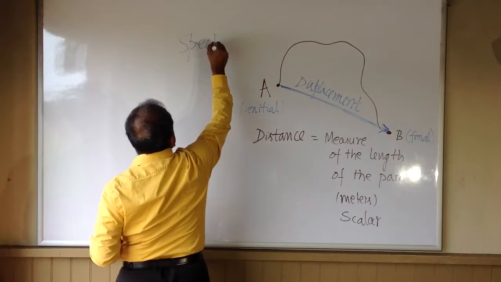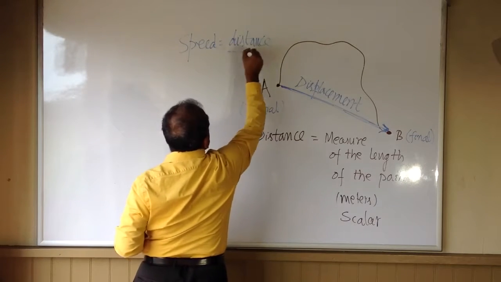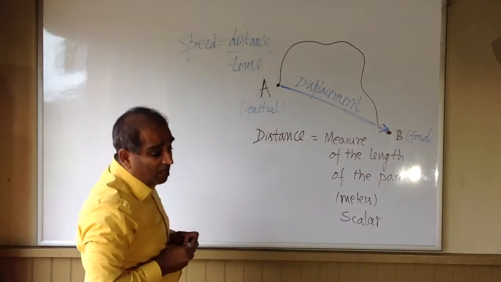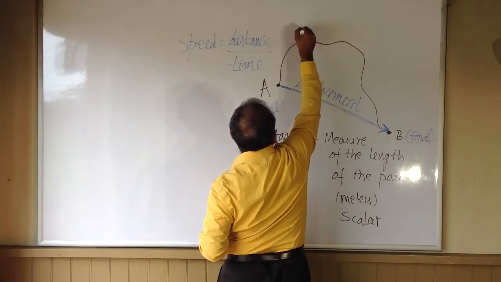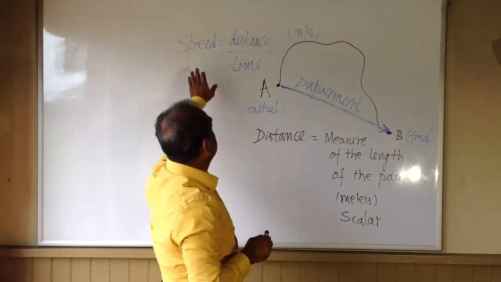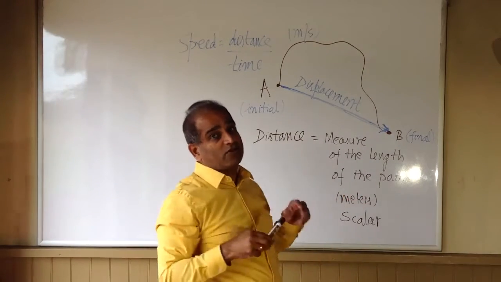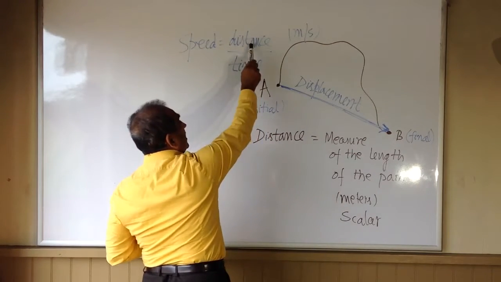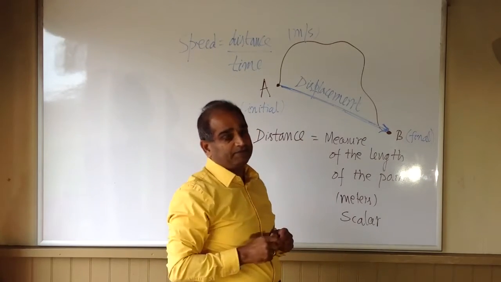Speed is distance over time, measured in meters per second. Meters per second is the unit for speed. Is speed a scalar quantity or a vector quantity? We all know that distance is scalar, time is scalar. So scalar over scalar will be a scalar. So speed is a scalar quantity.